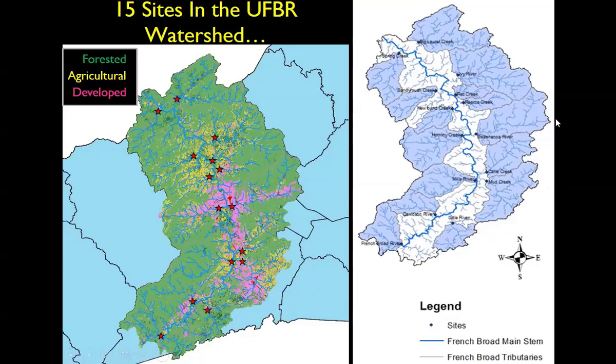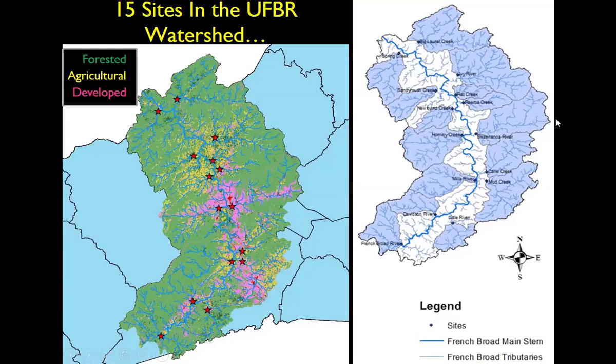DuPont State Forest. Then moving downstream, Hominy Creek, Newfound Creek, Reams Creek comes out of Weaverville, Flat Creek comes out of north of Weaverville, Ivy River, here's Little Ivy and Big Ivy, Big Laurel Creek, Sandy Mush Creek, Spring Creek. So they sampled 15 of these sites in the Upper French Broad.